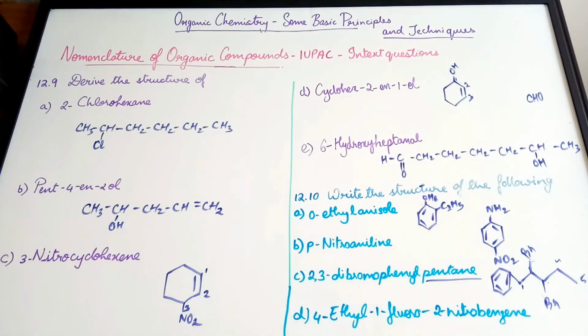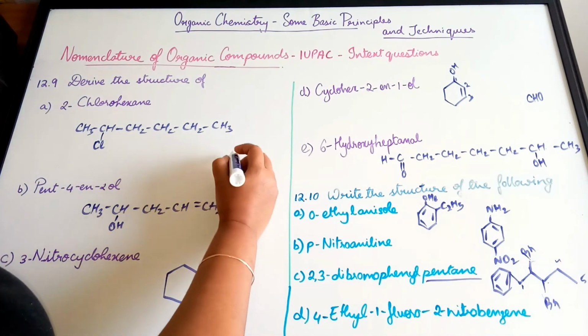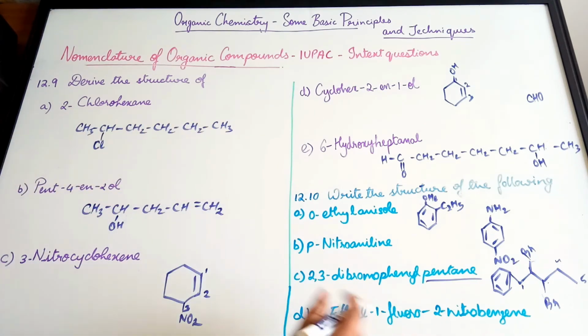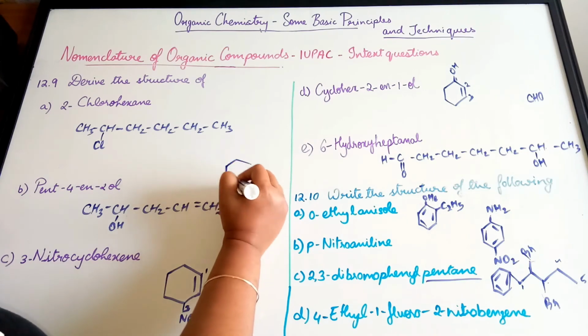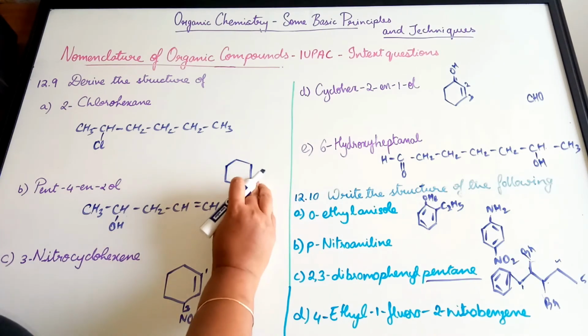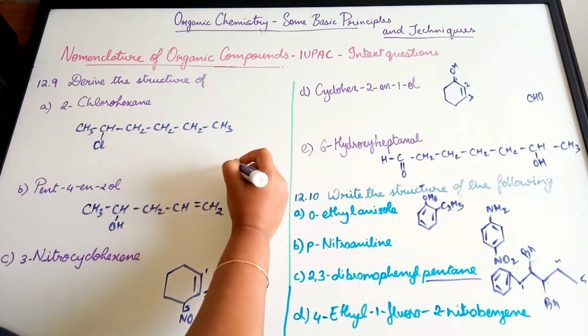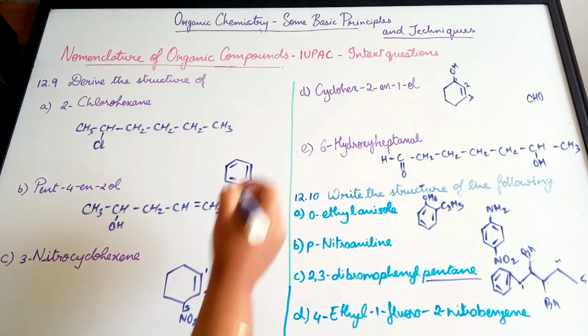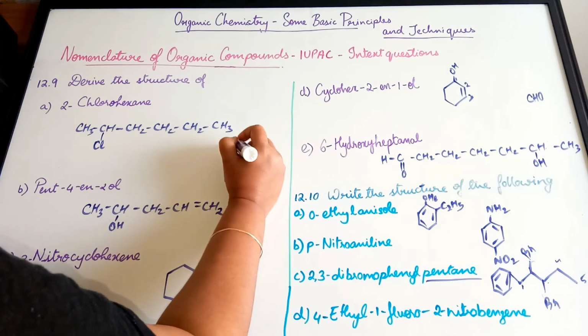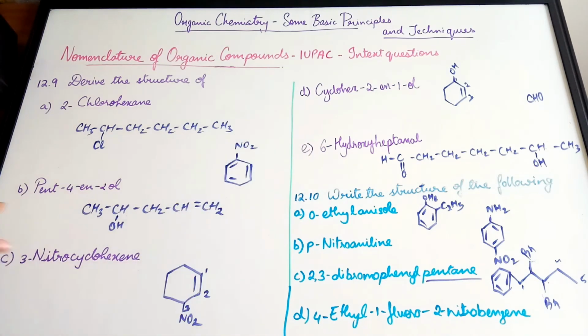The last one, 4-ethyl-1-fluoro-2-nitrobenzene. So I'll just draw it here. So first let's draw nitrobenzene. So this is the benzene ring, and this is the nitrobenzene.